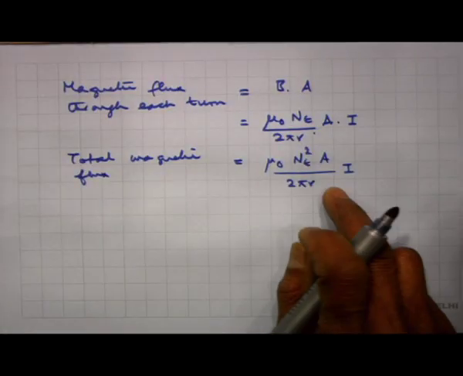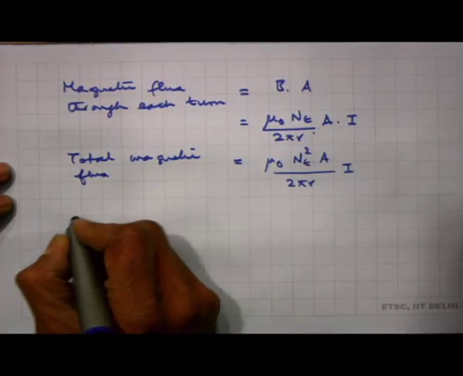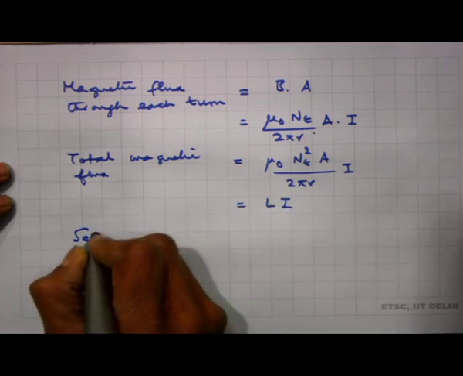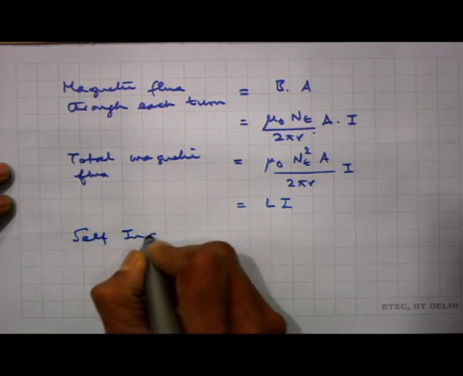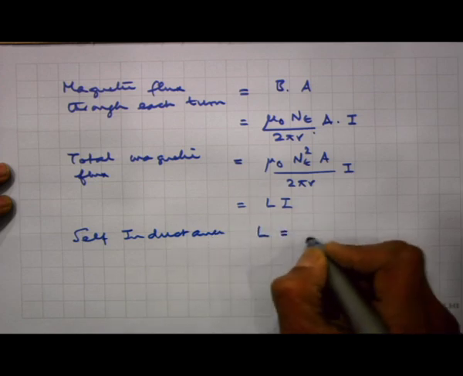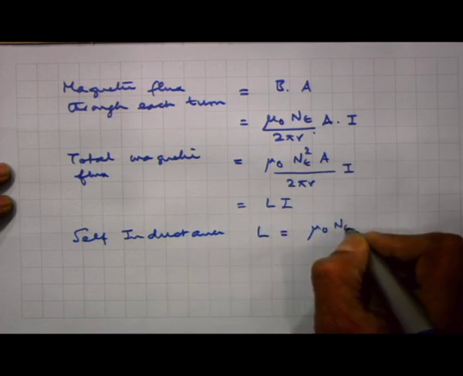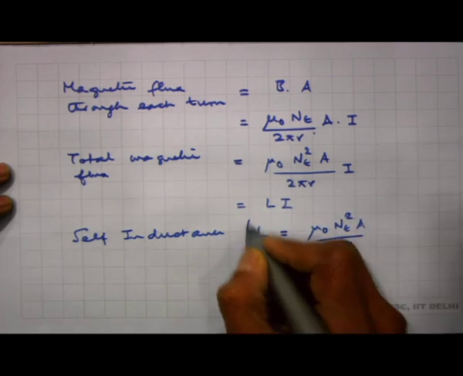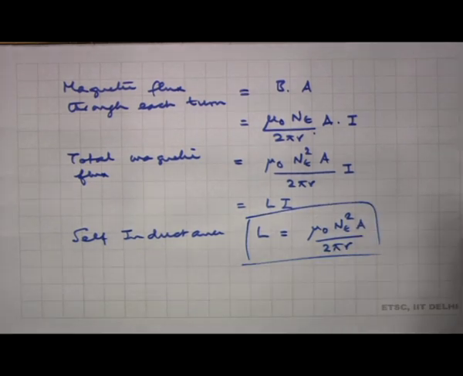So, the total flux enclosed is this, and I will write this as L times I, and so self inductance L is equal to mu naught nt square A by 2 pi r. So, that is the self inductance of a toroid.